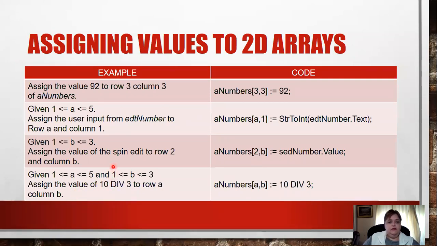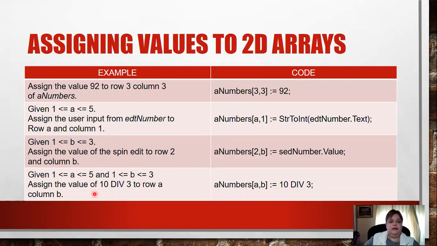Okay, here, do you see that I can have a variety of conditions? So I've said here, 1 must be greater or equal to A or less or equal to 5, and it must be 1 is greater or equal to B and less than equal to 3.